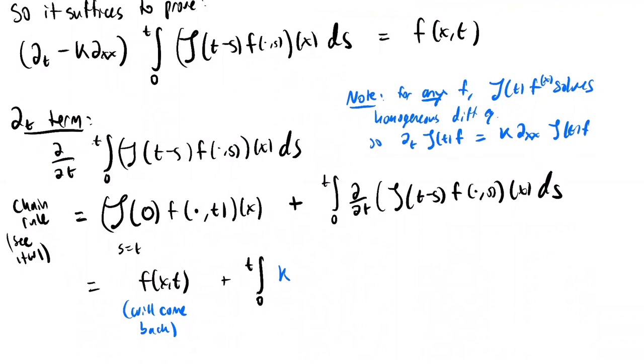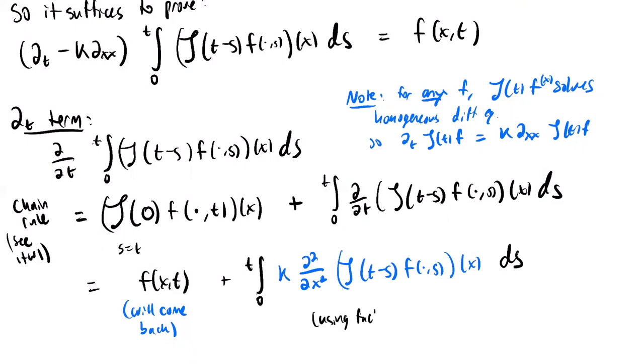This is just going to be equal to k times the second derivative with respect to x of the same thing. The function doesn't change. Using the fact that the solution operator solves the homogeneous PDE.